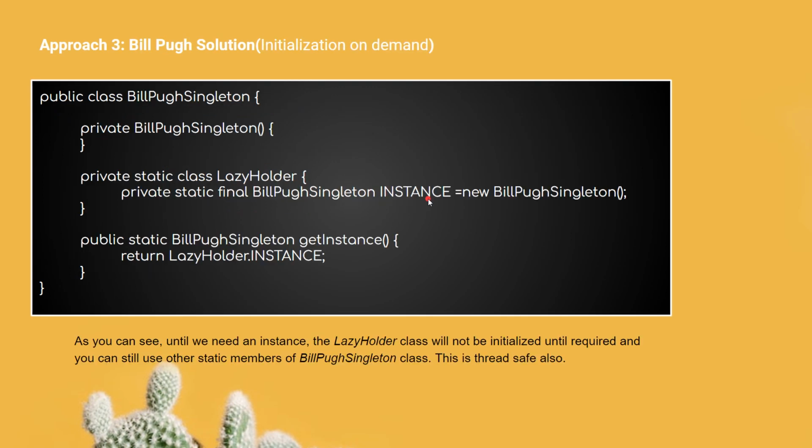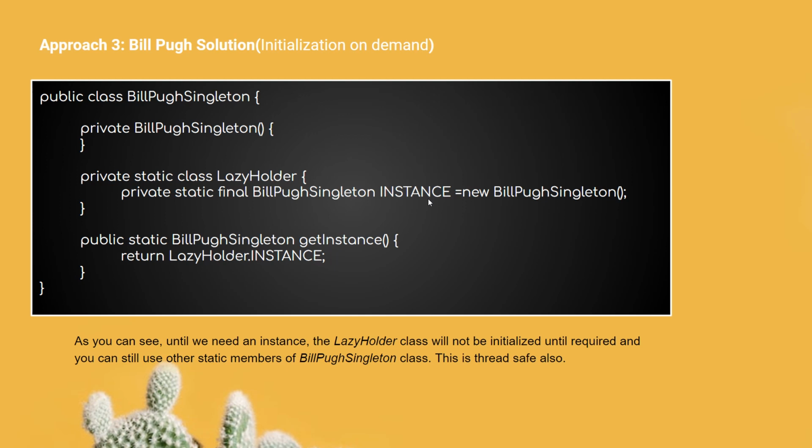If you go to the third approach, that is the Bill Pugh implementation, or we can say initialization on demand. Prior to Java 5, the memory model had a lot of issues, and the above methods caused failure in certain scenarios in the multi-threaded environment. So Bill Pugh suggested a concept of an inner static class to use for the singleton.